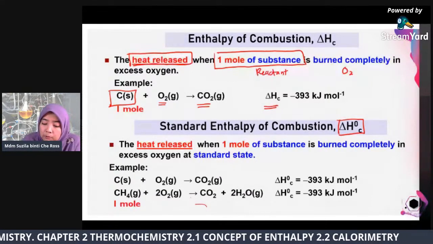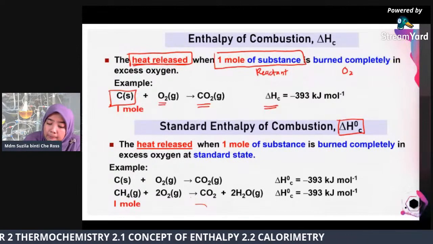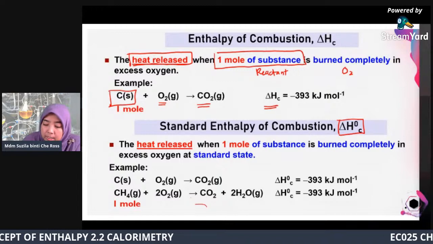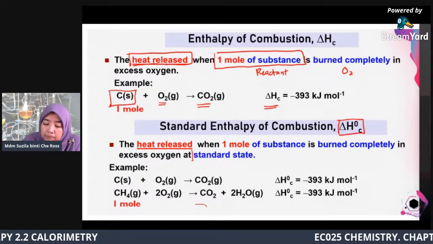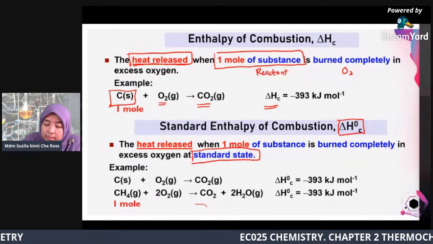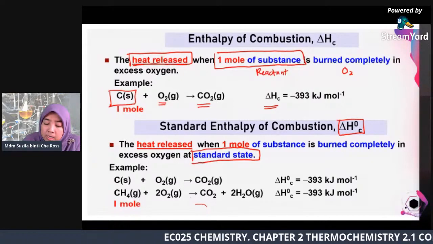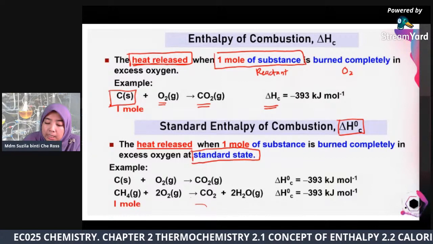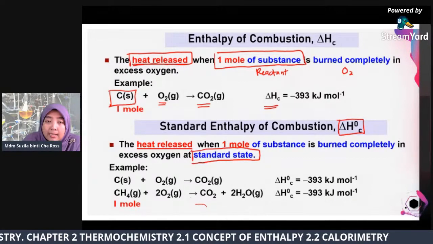For standard enthalpy of combustion, you just need to add standard state in the definition. The definition is the same, just top up with standard state. So standard enthalpy of combustion is the heat released when 1 mole substance is burned completely in excess oxygen at standard state.